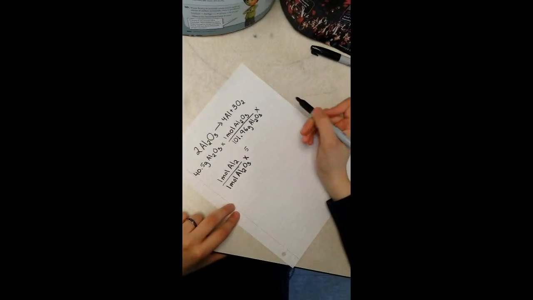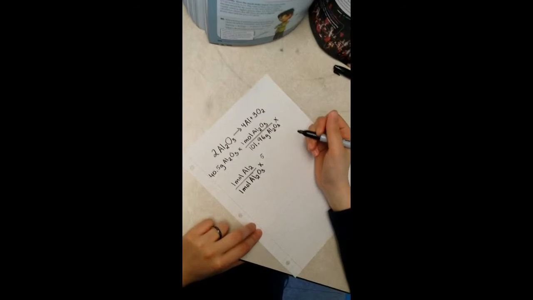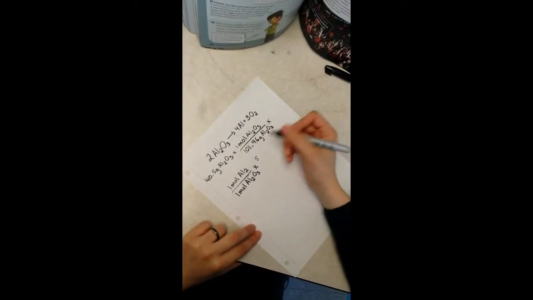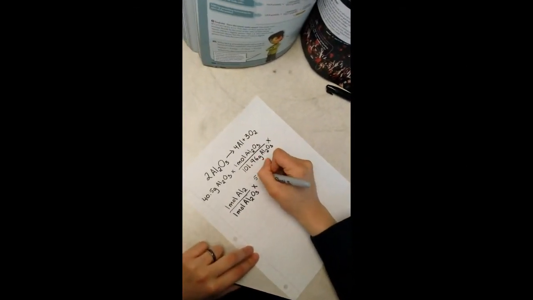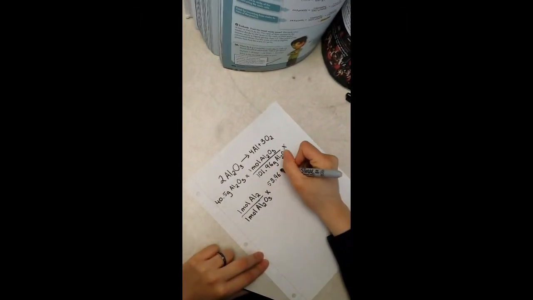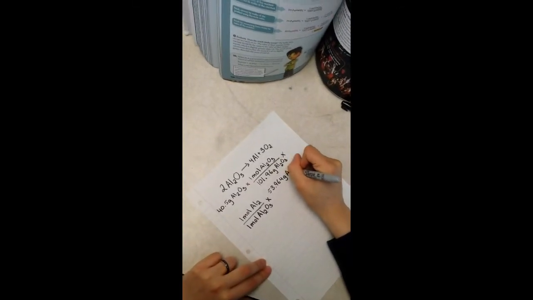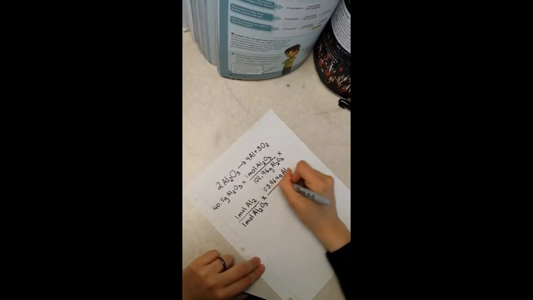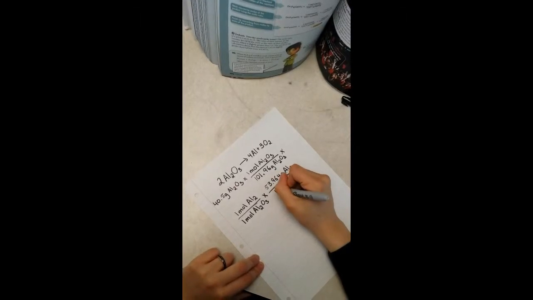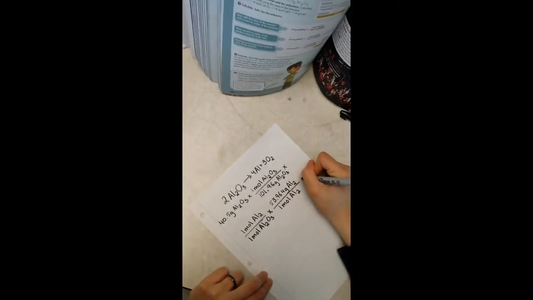I'm sorry, the mass of aluminum is 26.982. 27 times 2 is 53.964 grams of aluminum over 1 mole of aluminum.